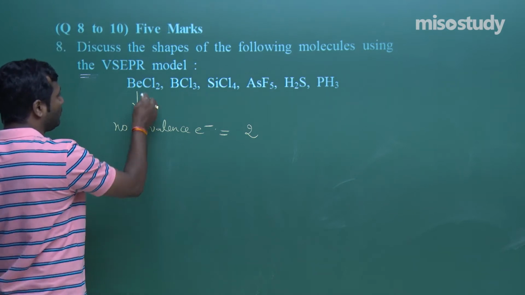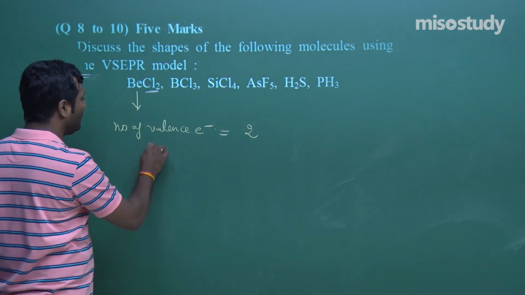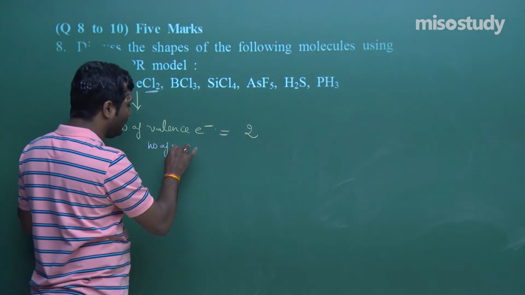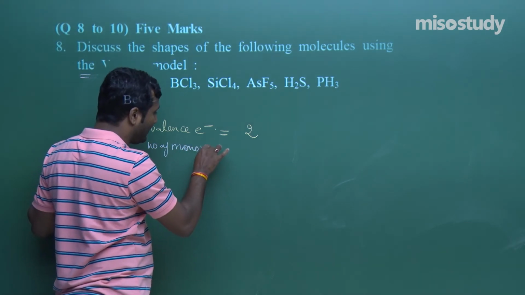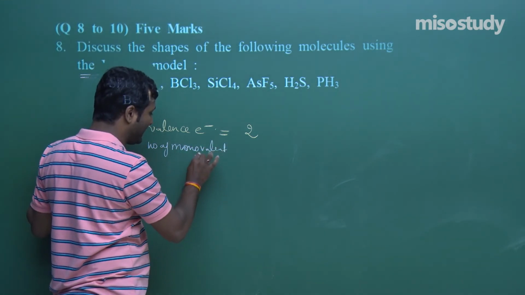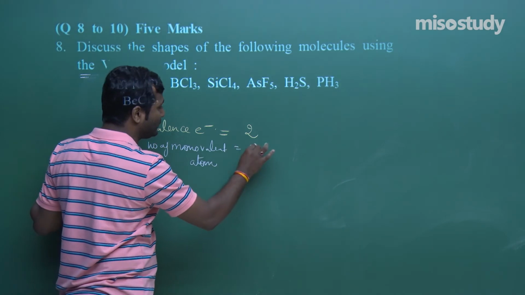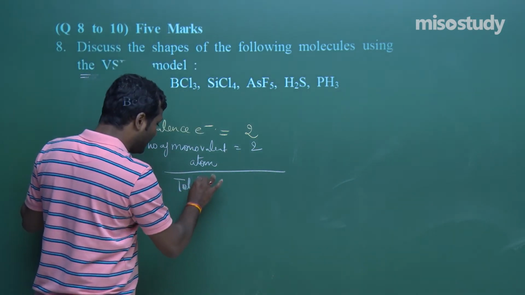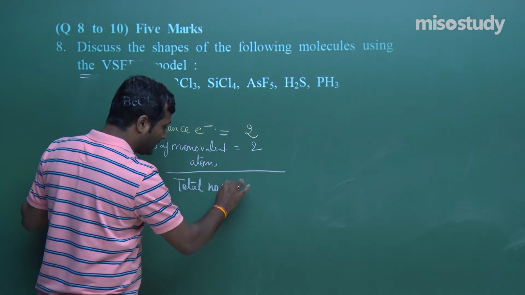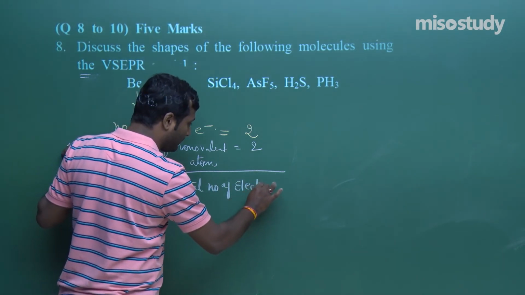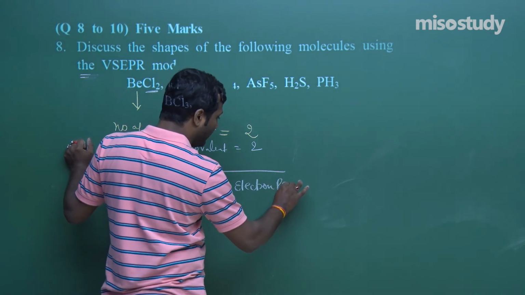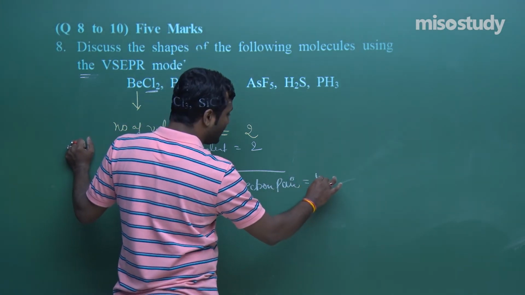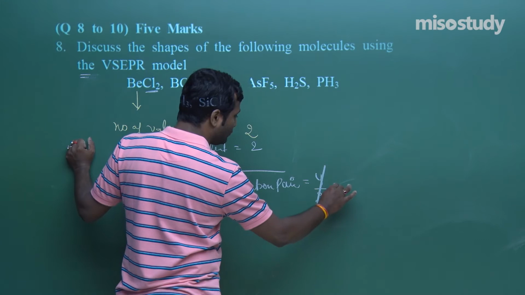Now, how many monovalent atoms are linked to it? Number of monovalent atoms attached to the central atom is 2. So, we will say total number of electron pairs will be 2 plus 2, 4 divided by 2, that is 2.